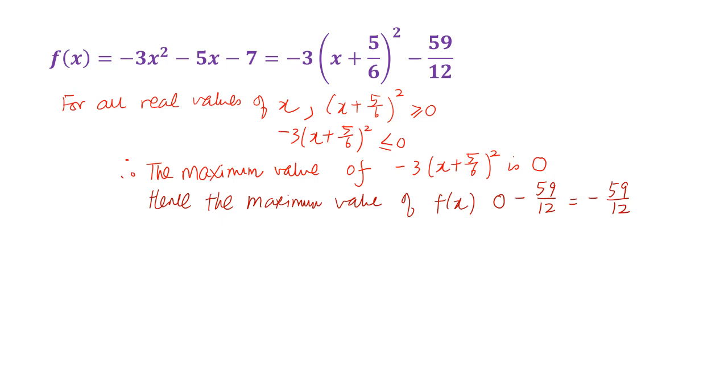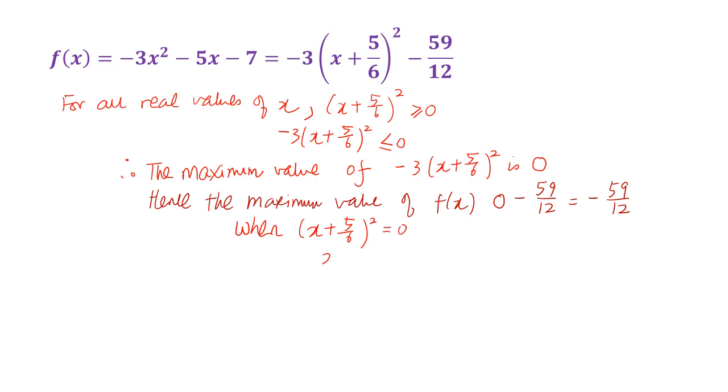We already got the maximum value of f(x). So now we have to find the corresponding x value. That happens when we let x plus 5 over 6 equal to 0.